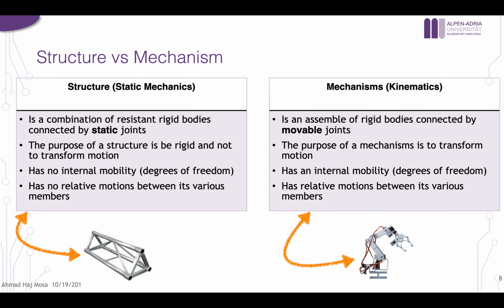So another terminology is the difference between structure versus mechanism. Structure is a combination of resistant rigid bodies connected by static joints.